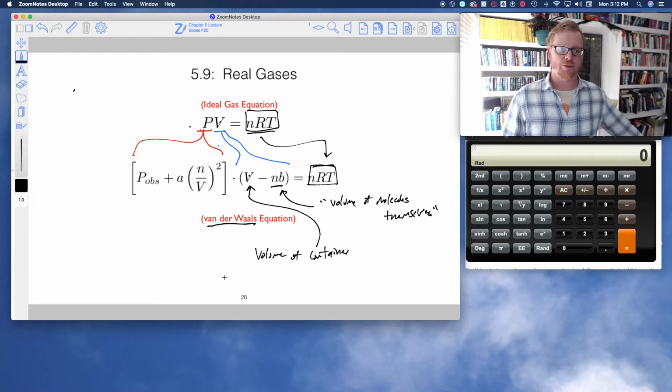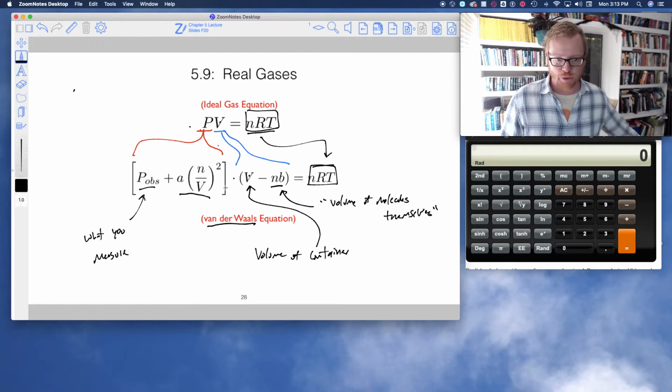Okay, what's all this stuff? Well, the observed pressure is what you would measure, okay? And this whole chunk right here, a times n, that's moles, over V, that's volume, squared, this chunk represents the collisions of molecules with themselves.